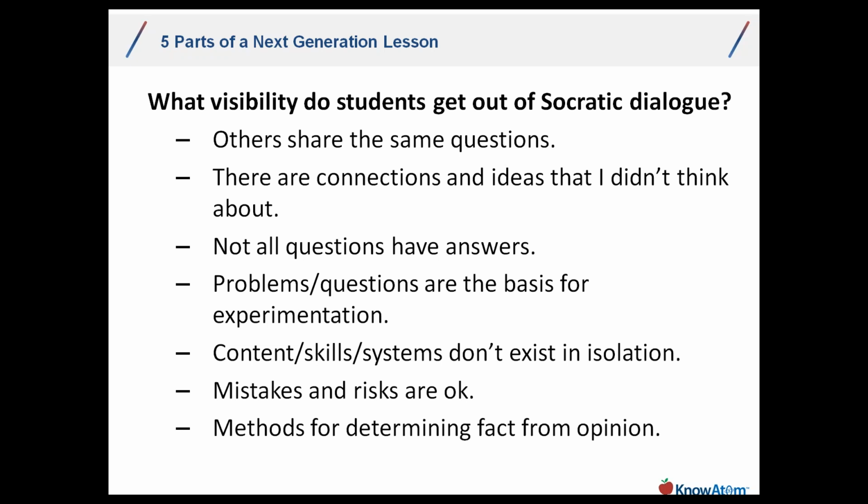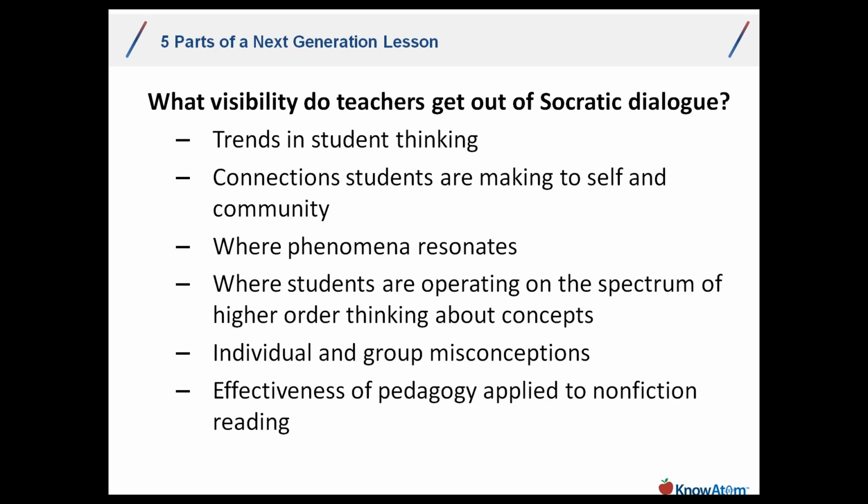The problem is that we can have these fragile, perfect children that realize that they don't know it all, but are afraid to make a mistake or a risk, and they have not been equipped to essentially understand reality, that not everybody falls on that line, that in fact everybody's all over the place. So we need to have methods for just determining fact from opinion and using the evidence that we can gather and the knowledge that we have.